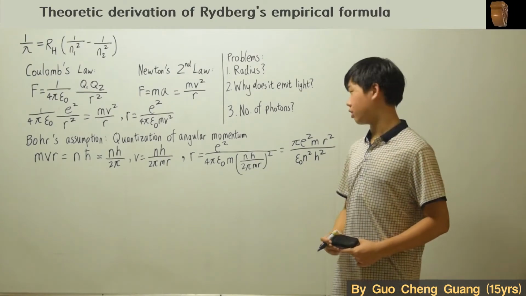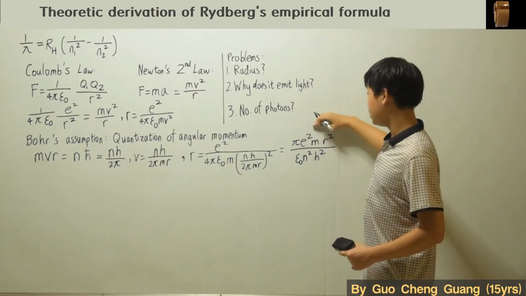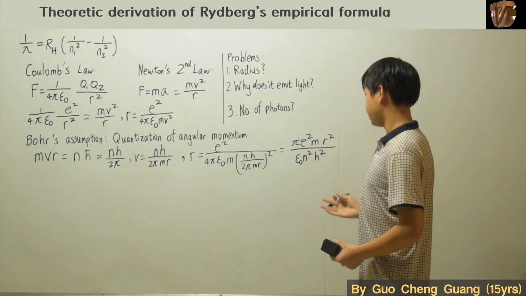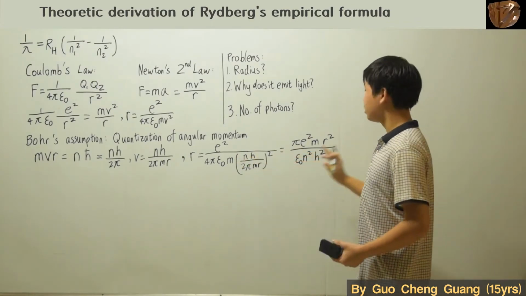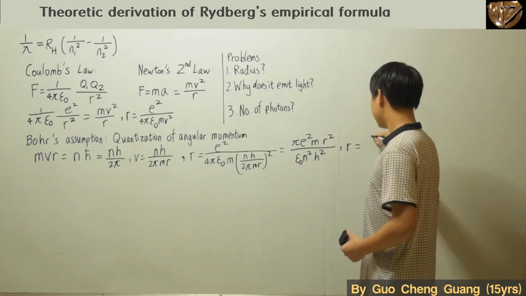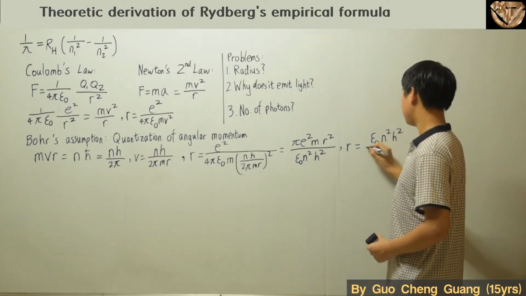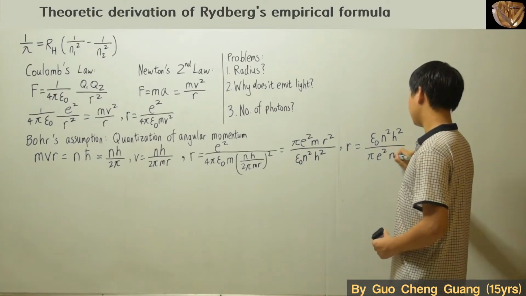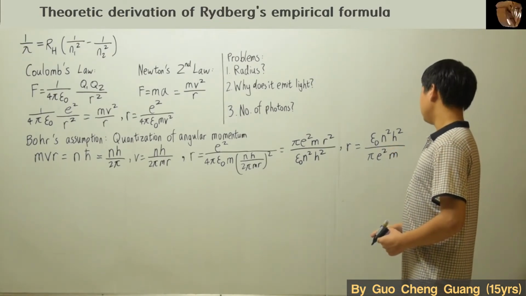Now does this look solvable? You have pi, which is a constant, e, which is a constant, m, your mass of electron, which is a constant, and your radius. To find the radius, let's change that up a little bit. R will be epsilon naught n square h square over pi e square m. Does this look better now?